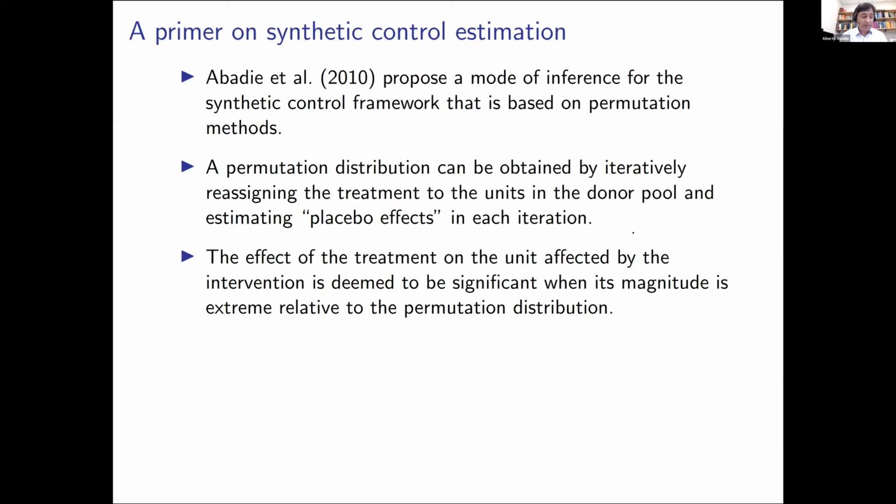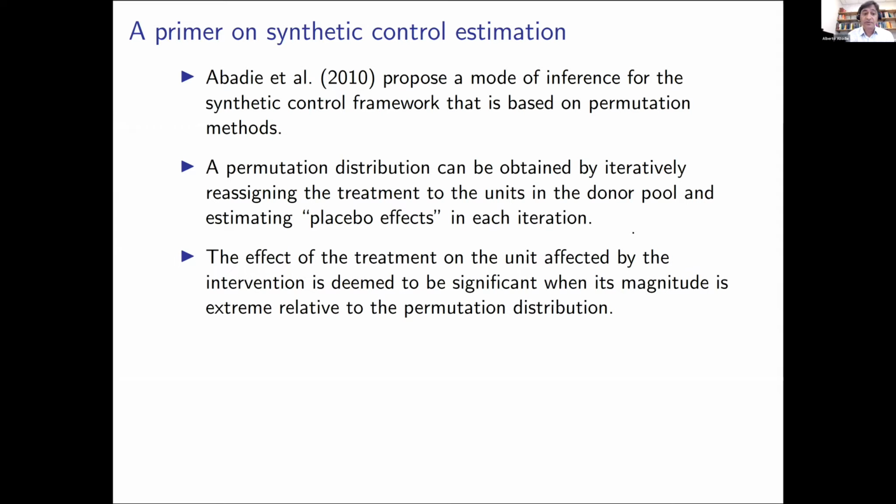So what about inference in this setting? Inference for the synthetic control method is complicated by the fact that we are estimating the treatment effect typically for one unit. So standard asymptotic tools do not apply in this context. To address this problem, we are going to base our inference on permutation methods.